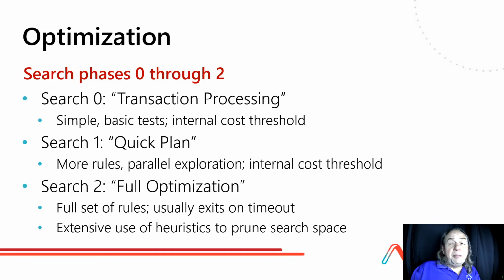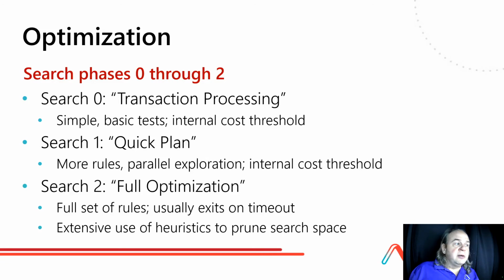Now, once you get beyond the most trivial of queries, the number of possible plans becomes astronomical very quickly. So it can't possibly search them all, and because it can't search them all and it's going to try to find the best one, it needs to apply some rules to figure out what's the best way to search rather than just starting from A and going to B. It needs to kind of jump around and figure out the best way to do it.